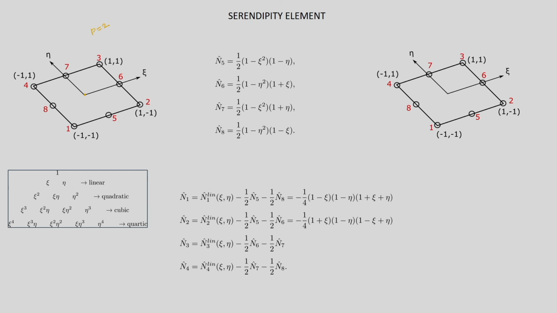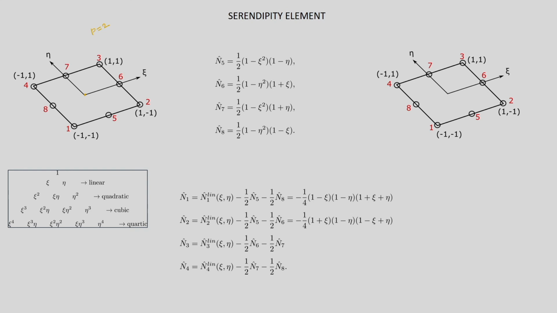Remember that in this case we cannot take the tensor product of the shape functions corresponding to the one dimensional case to obtain the shape function for the quadrilateral element, because in that case N1 had to be 0 at the midpoint of the element, but in this case since there is no node at the middle, it need not be 0 at the middle of the element. So, how can we construct these shape functions?